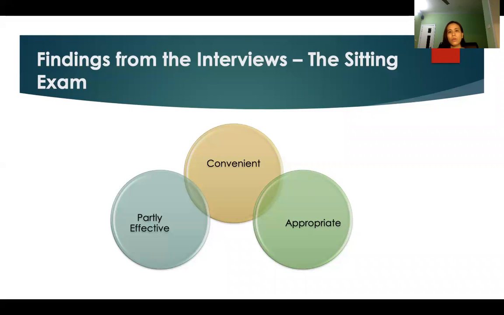The teachers also give some comments on the advantages of the sitting exams, as it is convenient because it is partially a kind of standardized test.